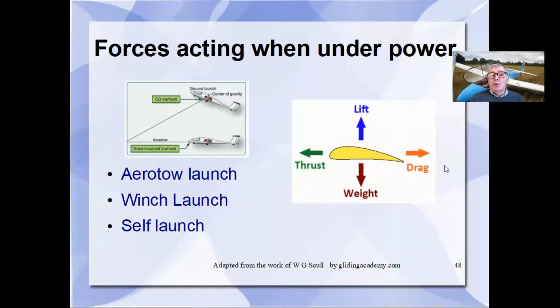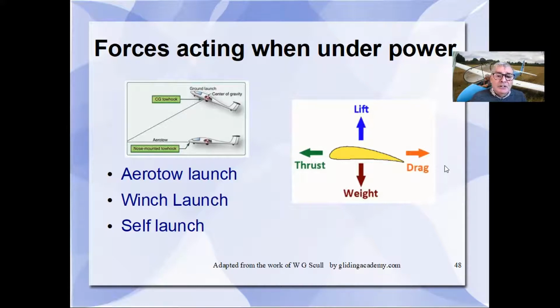or indeed the glider could have its own power source, a self-launching glider, for instance, or a self-sustainer where it has its own built-in power source. And in that case, we then have four forces acting on the sailplane: thrust, lift, weight, and drag.